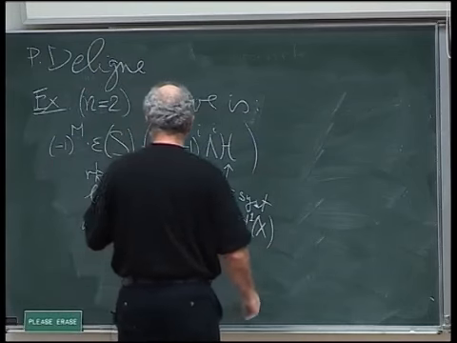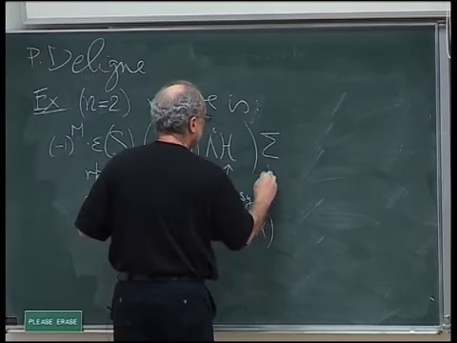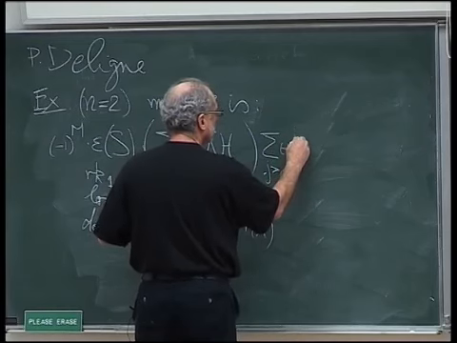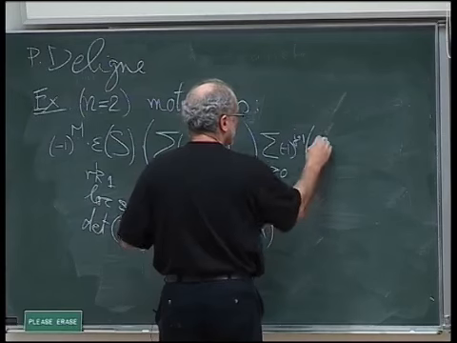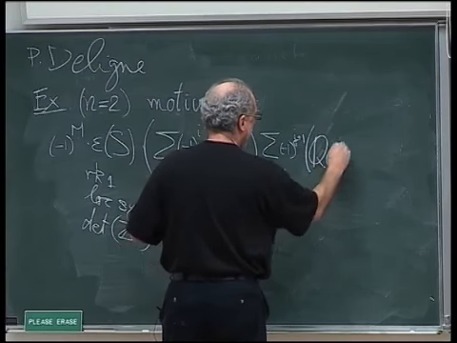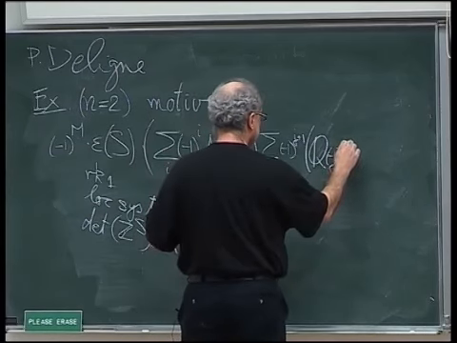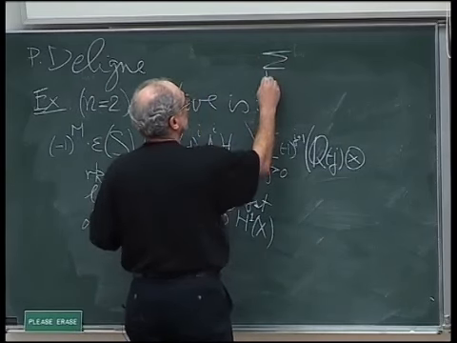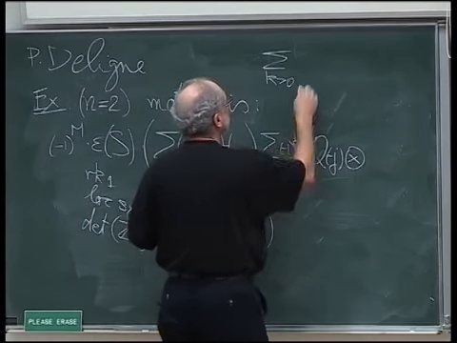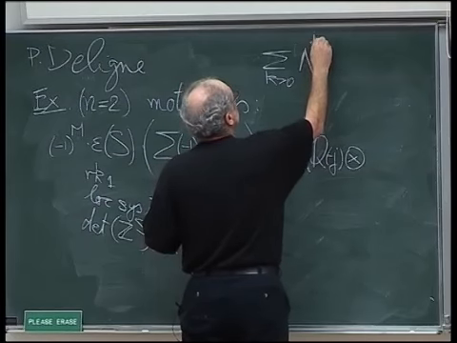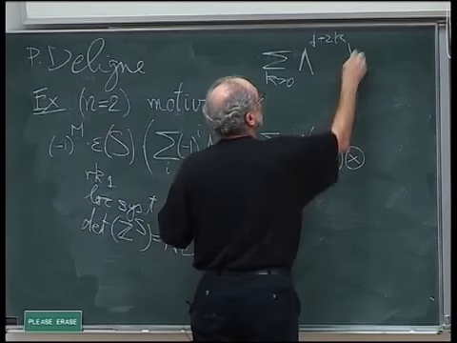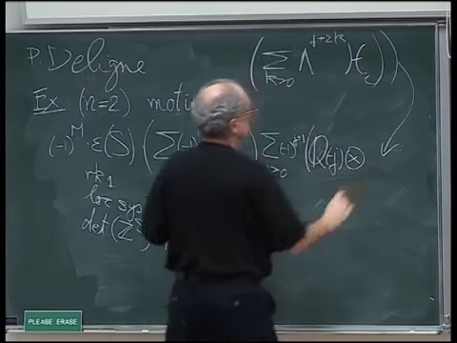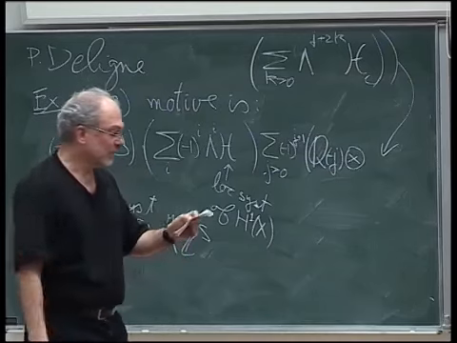And the last factor is a sum over the positive integers, again an alternating sum, and we have the Tate motive tensored with, well, again a sum of wedges of j plus 2k of the local system, which is associated with the cohomology with compact supports.